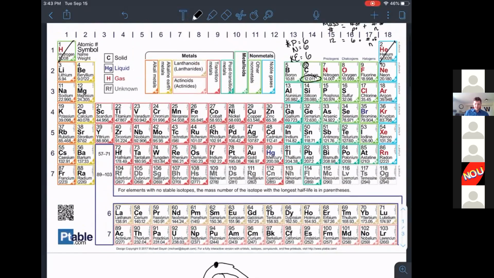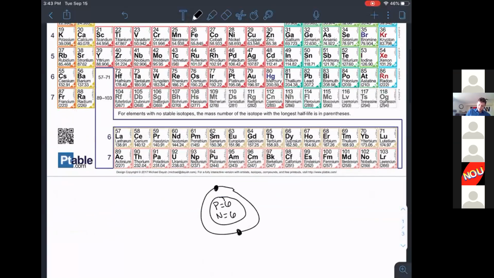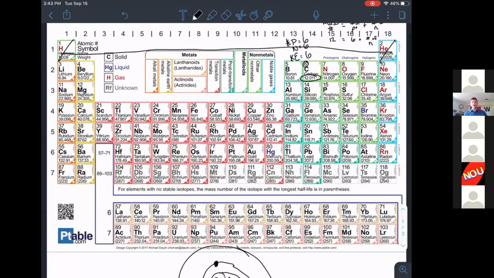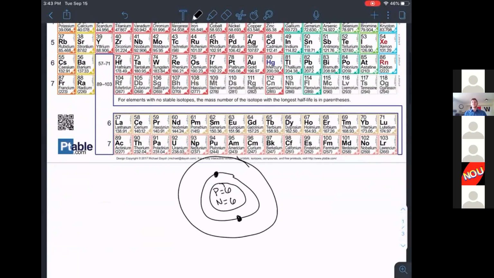So that first orbital is gone because we filled out both of those electrons. We now go to the second orbital. So we have to create a new orbital or a new ring for the next row. So now we go 1, 2, 3, 4 electrons. And those 4 electrons go around the second orbital, or the second ring.